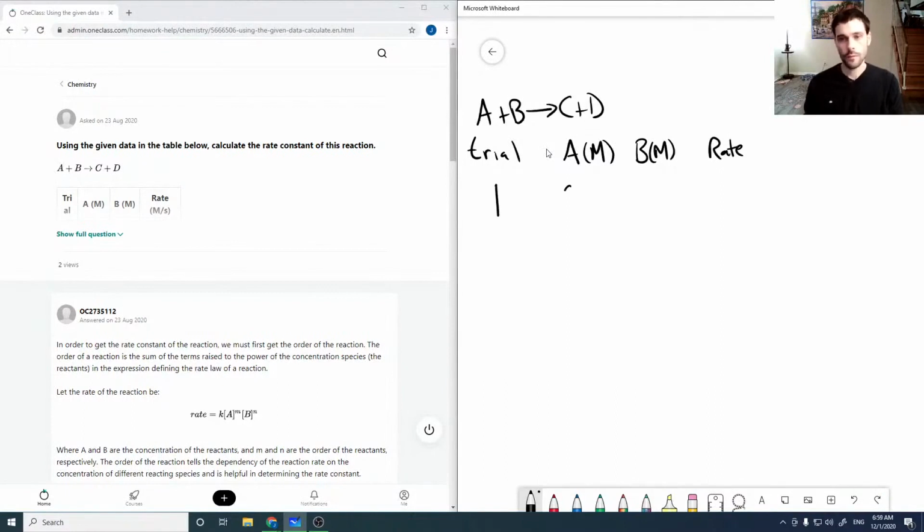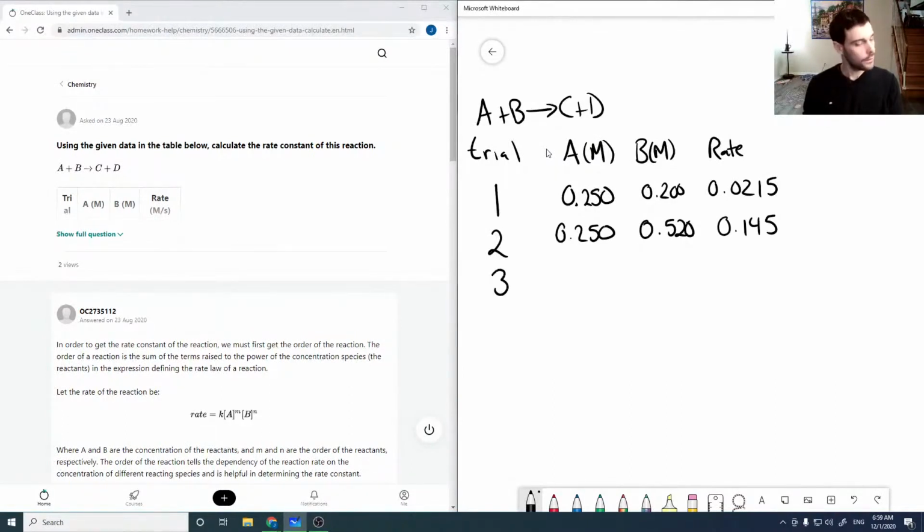So for trial 1, 0.250, 0.200, okay, and so now we have 3 trials with 3 different sets of conditions and 3 rates.